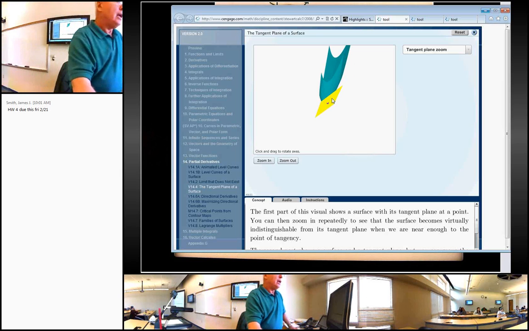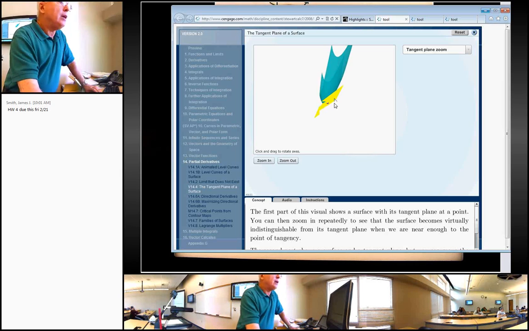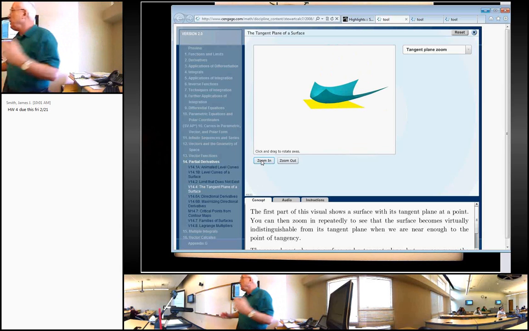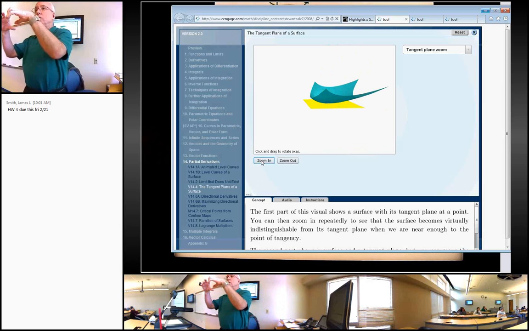Okay. Now, let me see if I can get it to a place where we can zoom in on this. So what this is doing now is getting closer and closer to the point.